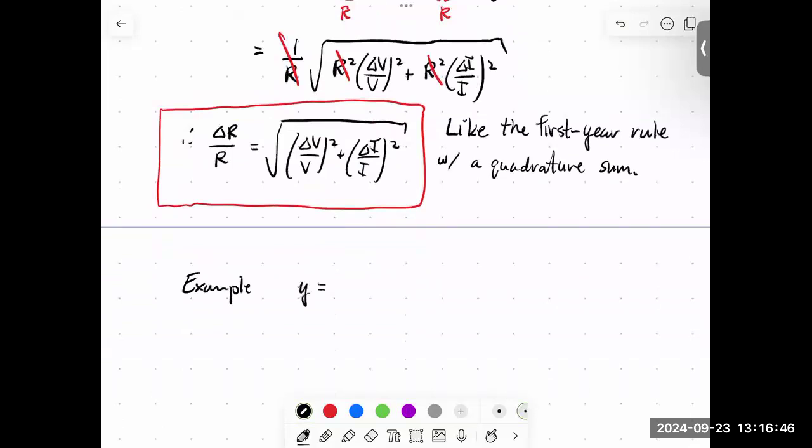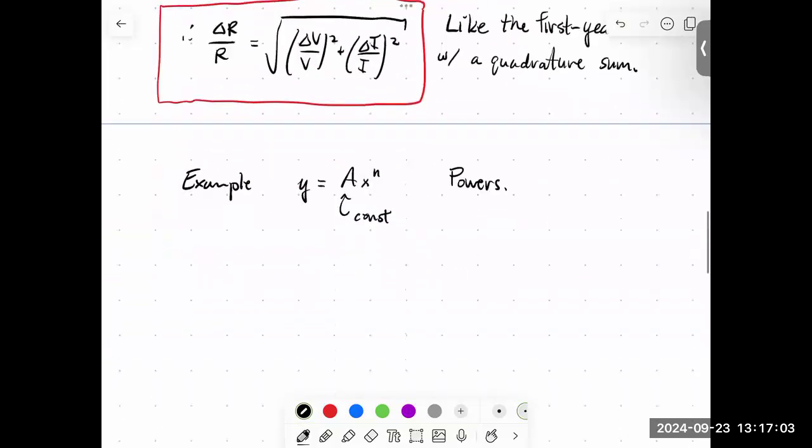So y is equal to a x to the power n. A is a constant. So this is the rule for powers. So in first year, what did they tell you to do?